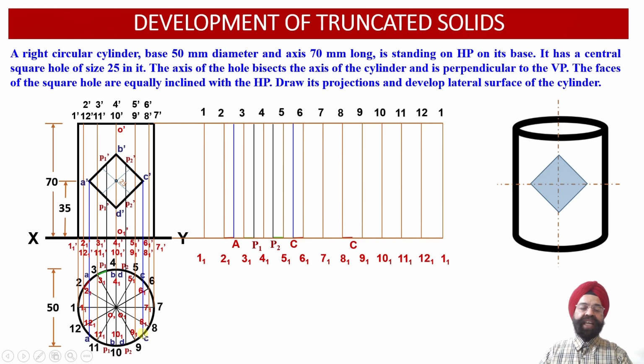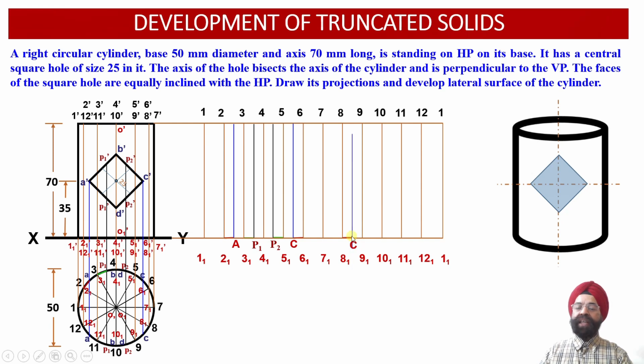Let us obtain point C on the front face. We know that point C on the front face will be located between the circumference points 8 and 9. As we move by this distance alongside the circumference, we'll be able to locate point C. As we move from point 8 to 9, measure this distance, and plot the same distance over here.